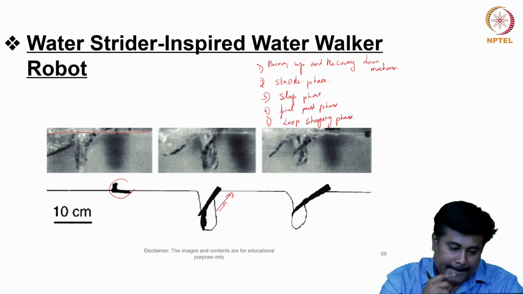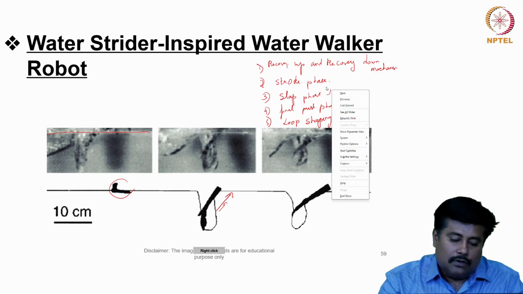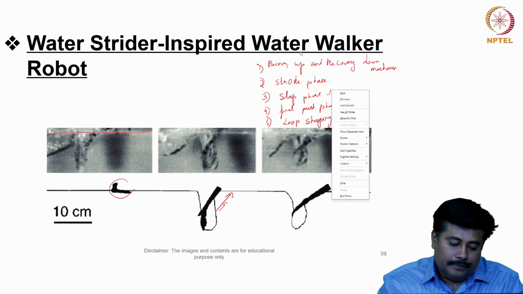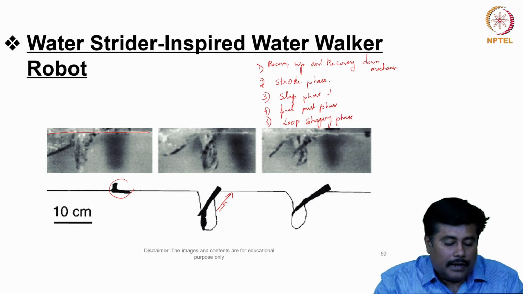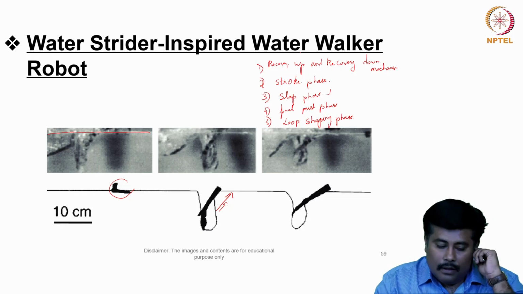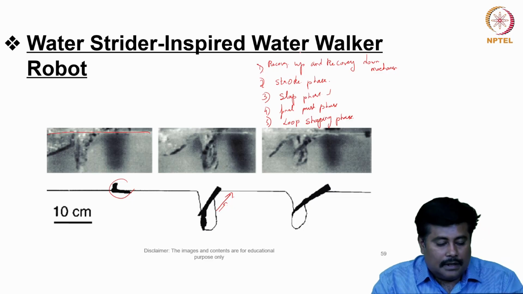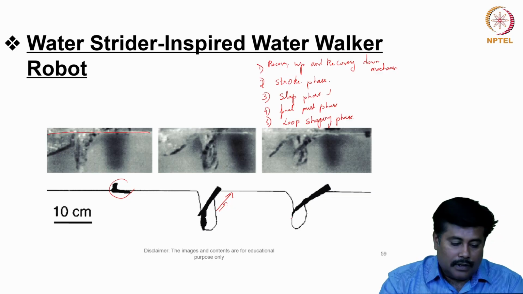Now when we consider the stroke phase, it begins when the ankle velocity angle is equal to or greater than negative 45 degrees. When this occurs depends upon the water height and the loop shape, but in general it occurs shortly after the ankle is submerged.